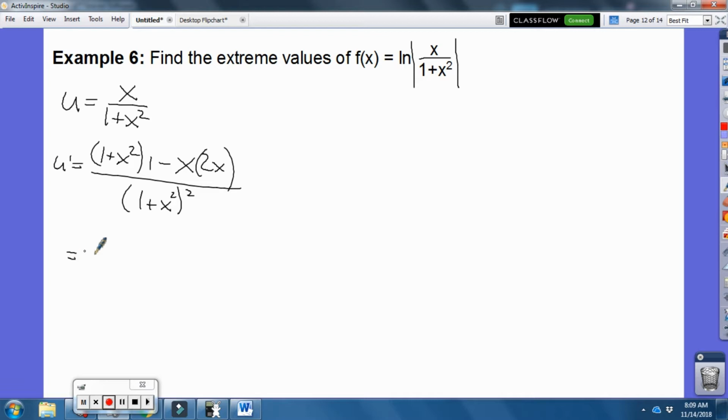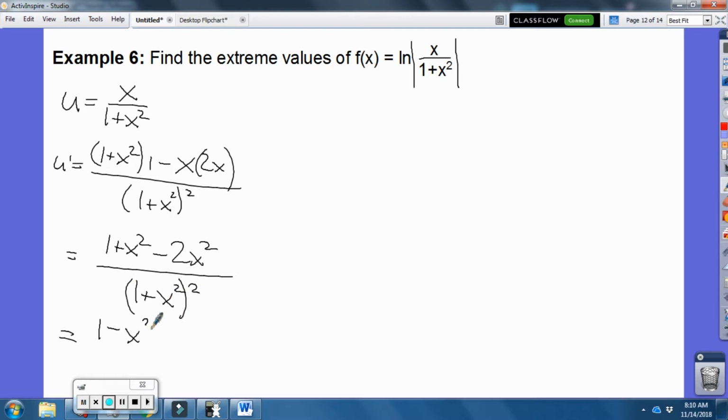I'm going to see if I can simplify this just a little bit more. u prime is 1 plus x squared minus 2x squared over 1 plus x squared, squared. And this simplifies to 1 minus x squared over 1 plus x squared, squared. I'll leave that like it is right now because I don't think it's going to be worthwhile to simplify it any more or expand it.